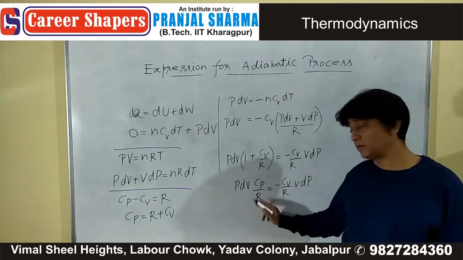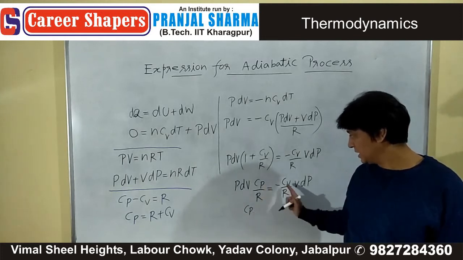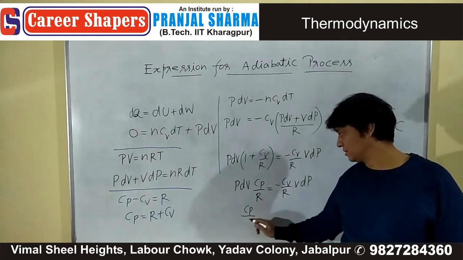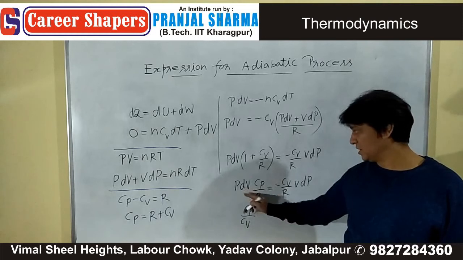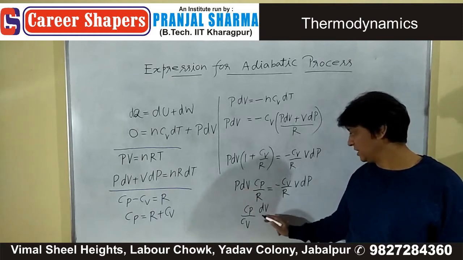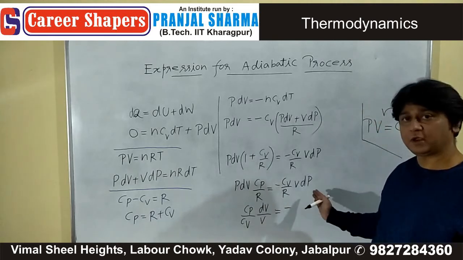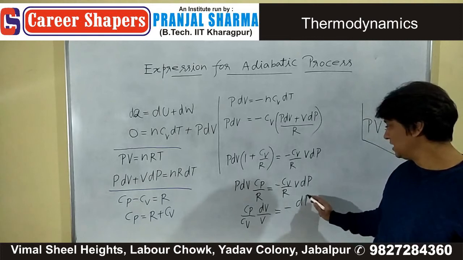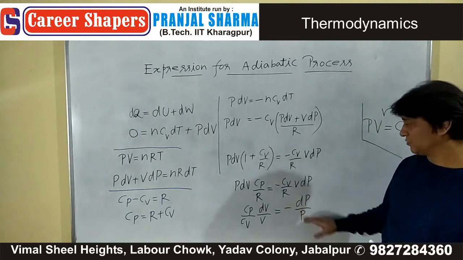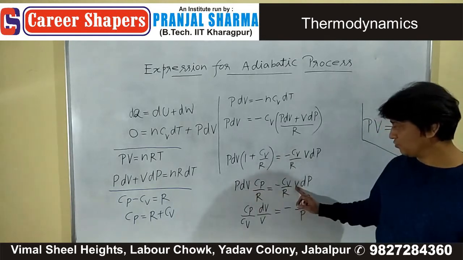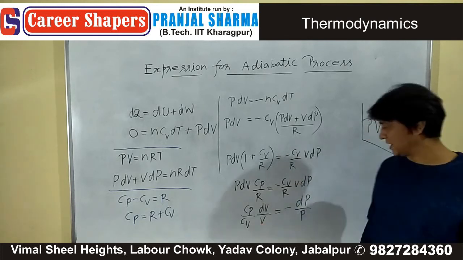This part right here is first of all Cp divided by Cv multiplied by dV divided by V, and on the left hand side you've got dP divided by P. Simple thing, dV upon V, dP upon P, and shift the Cv to the denominator like this.